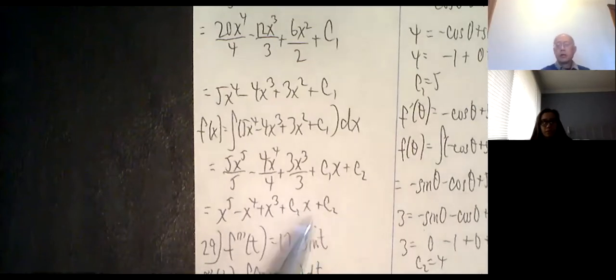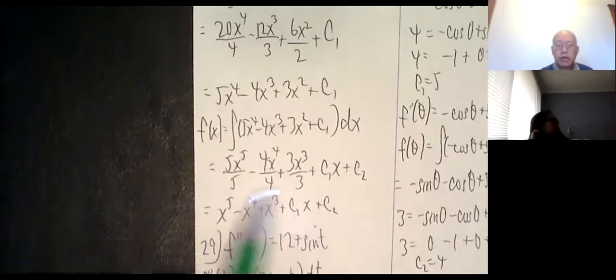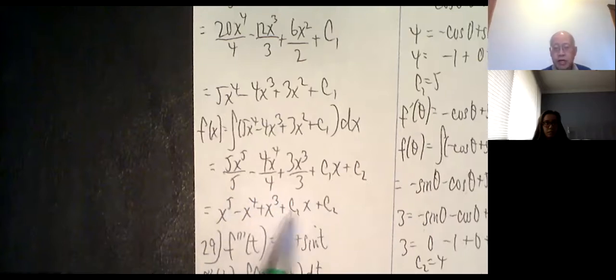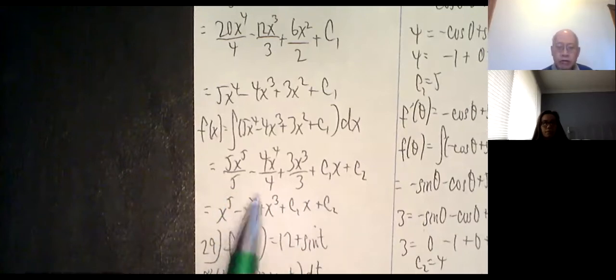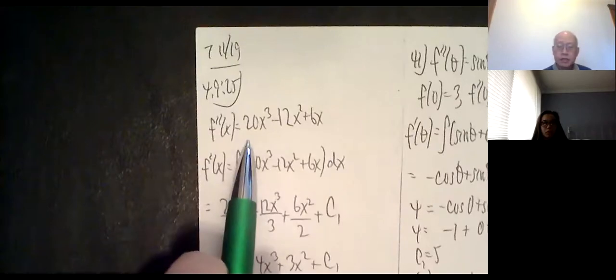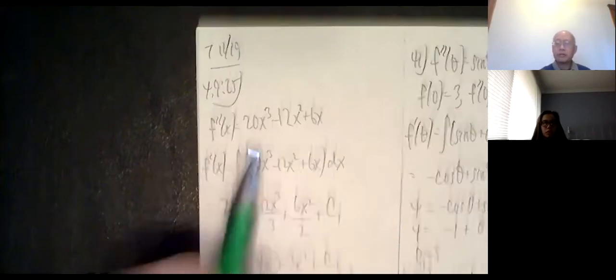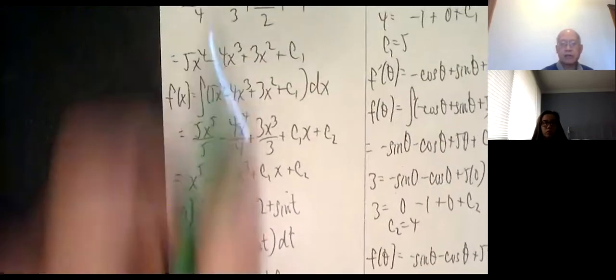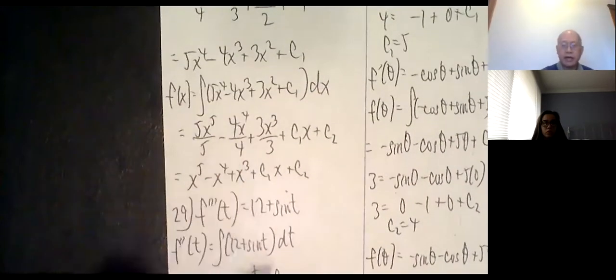Okay. Give me any number you want for C1, any number you want for C2. So all of these functions, plural, you have infinitely many of them. Pick any number you want for C1, any number you want for C2. All of these functions have the property that the second derivative is this. And it's very easy to double check. If you were to differentiate, you're basically just tracing backwards to what you had.